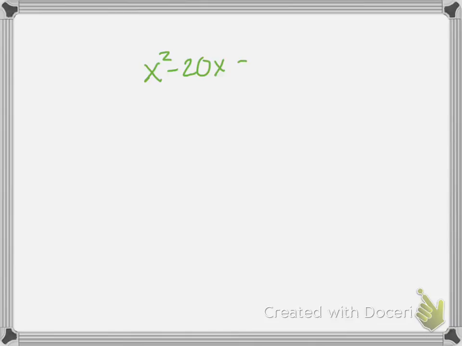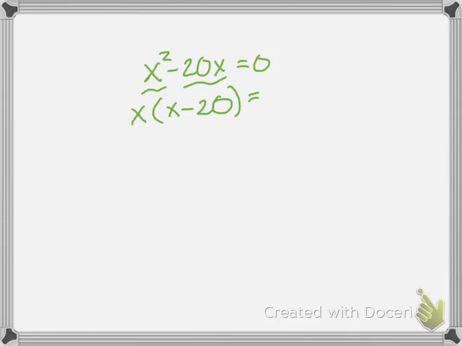So x squared minus 20x equals 0. Now I'm going to have to factor it. It doesn't factor to a binomial, but I can see that these two terms have something in common. So I'm going to pull out the greatest common factor, which is x. That's going to leave me with x minus 20.